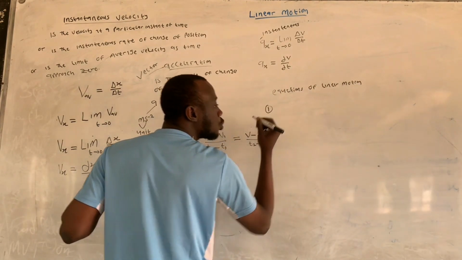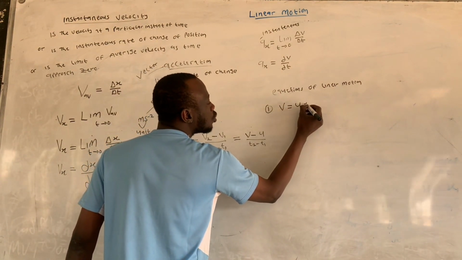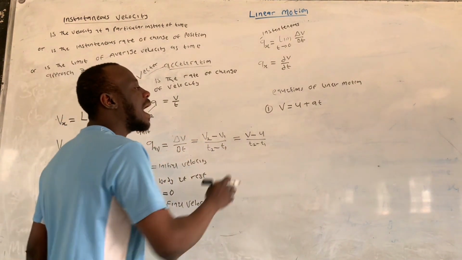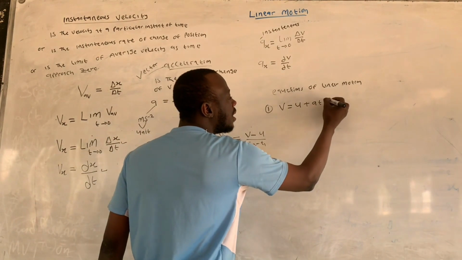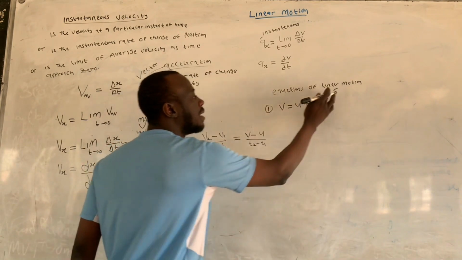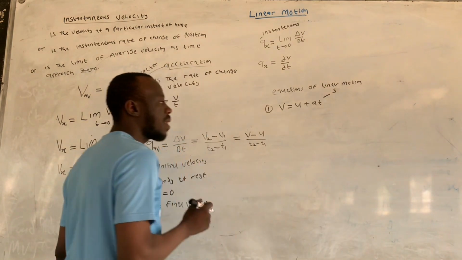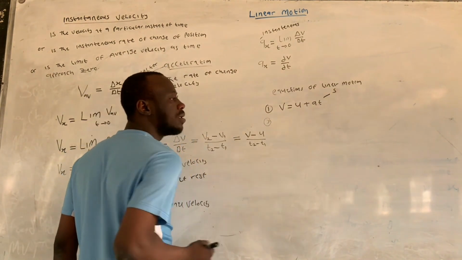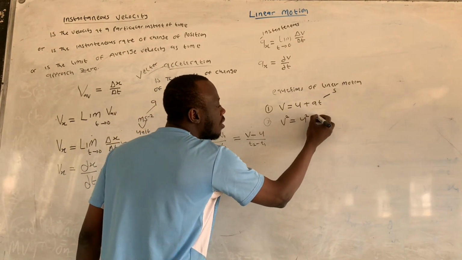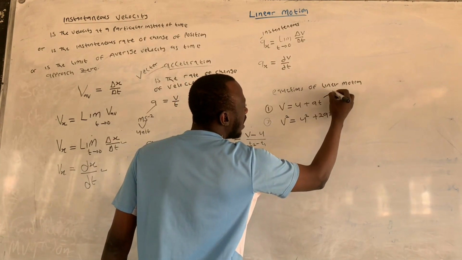The first one is v equals u plus at. What is absent in this equation is s, the distance. The second one is v squared equals u squared plus 2ax. Let me use x here. Time is absent.